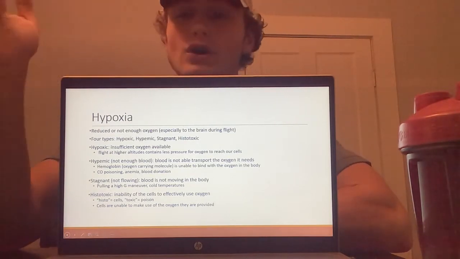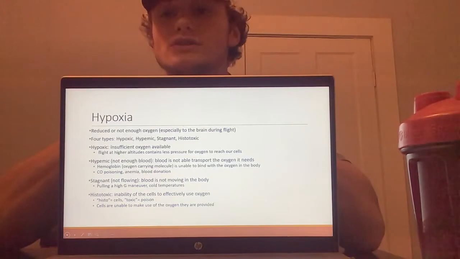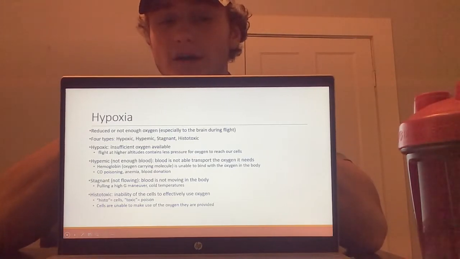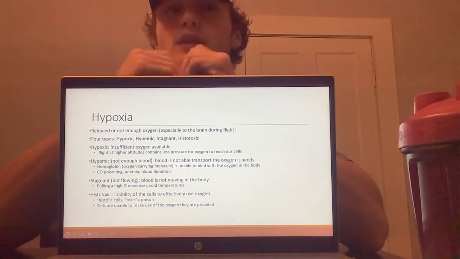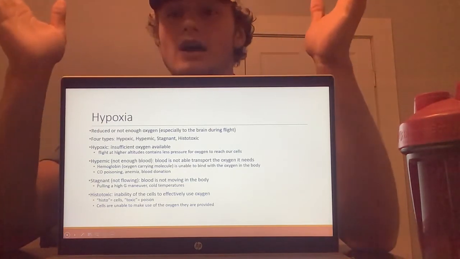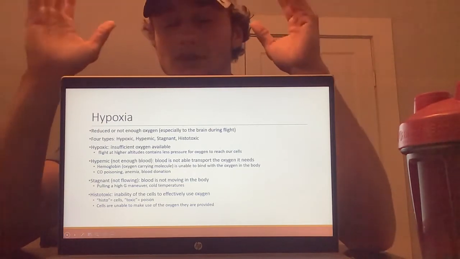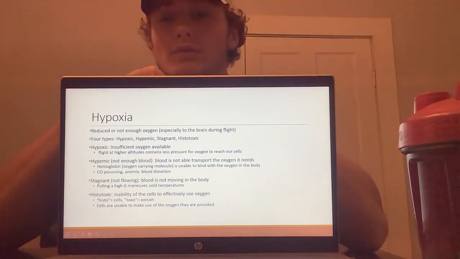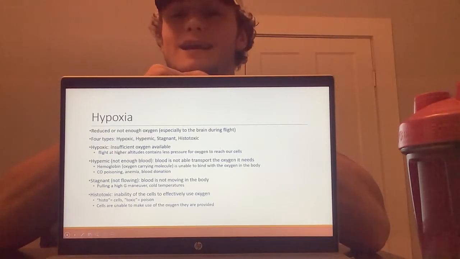The higher you go, the less pressure is reaching your lungs, and there are not enough oxygen molecules in the atmosphere for your lungs to inhale.